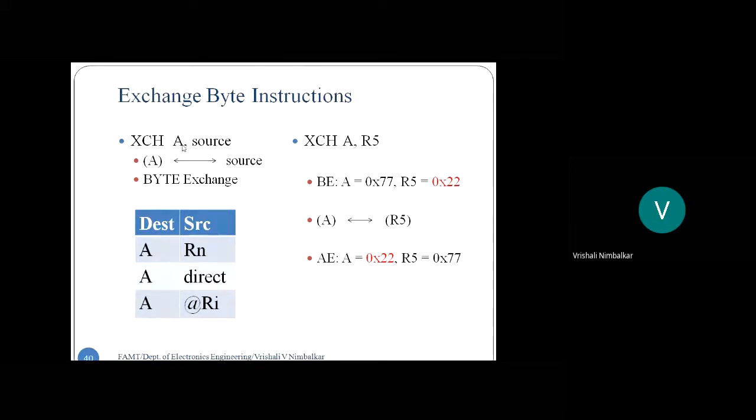The exchange will always be with respect to the accumulator register. Whereas the other operand can be at 3 different places. So look at the table down. The instruction can be exchange A comma Rn. It is the exchange between registers R0 to R7 and the accumulator. The second instruction is XCH A comma direct, and XCH A comma @Ri.